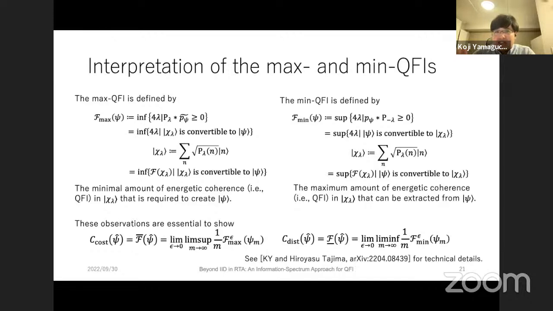Correct. In that case, it is quite difficult to compute such quantities because we have to explicitly construct the covariant operation for each state. So that's something we wanted to avoid. We wanted to make everything in terms of a protocol which can be calculated, at least in principle.